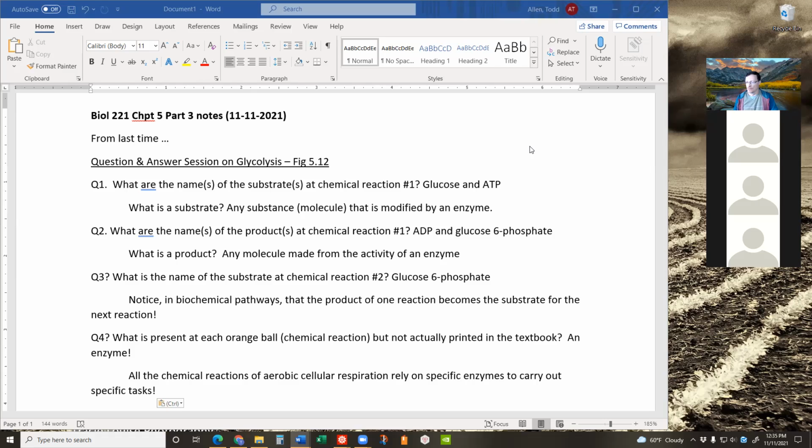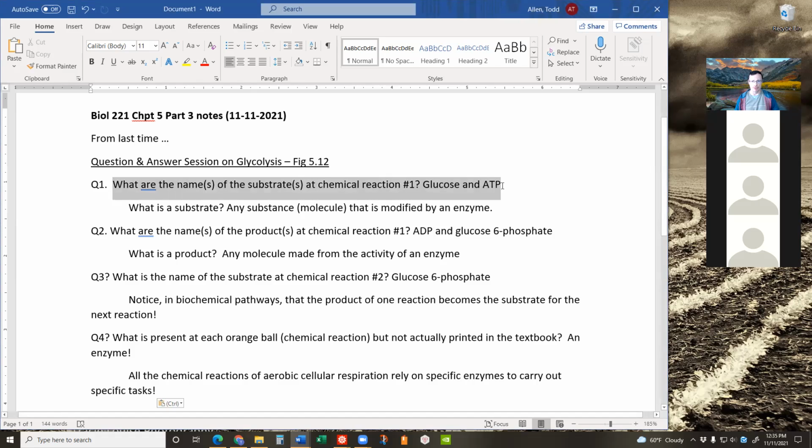Let's quickly read and answer the questions we've already done just to get our cerebral juices flowing, so to speak. The first question was, and I'm looking at figure 5.12 in your textbook, please have that open and available at this time: what are the names of the substrates at chemical reaction number 1? The answers were glucose and ATP.